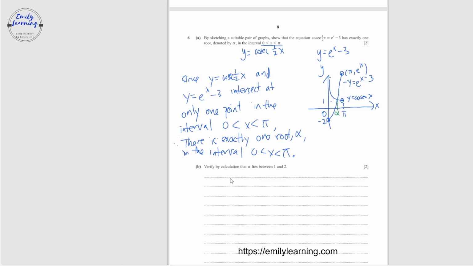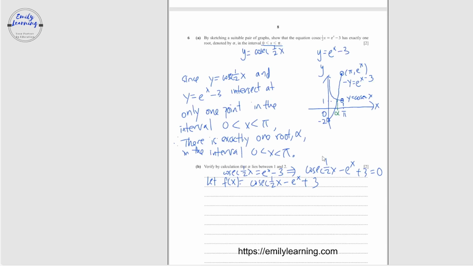So we can let f(x) equal cosecant half x minus e to the power of x plus 3. Why? Because we want to solve this equation: cosecant half x equals e to the power of x minus 3, so cosecant half x minus e to the power of x plus 3 equals 0.